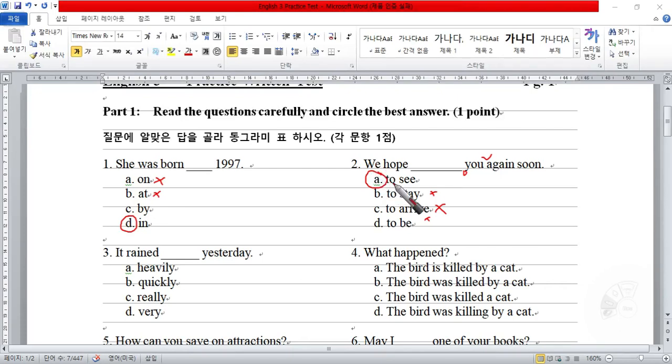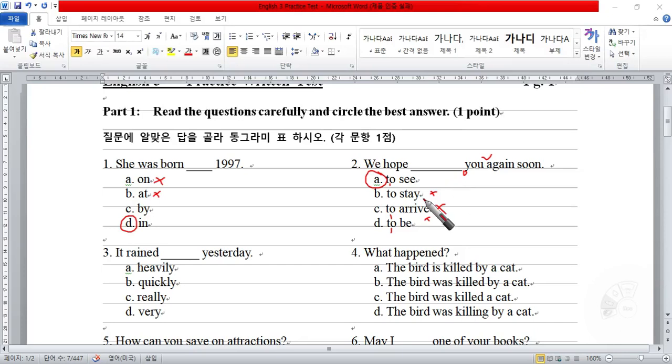Also note that most often there is a very strong collocation with hope and to. So that's obvious. We have that in all the answers here. So you don't even need to know that, but that's a very common structure. So we hope to see you again. We hope to, and more than just see, we hope that you arrive again.